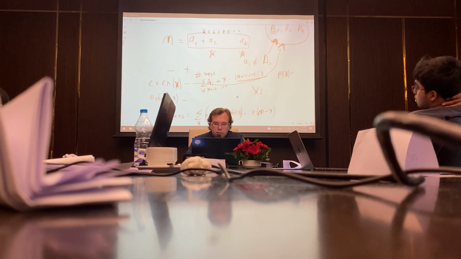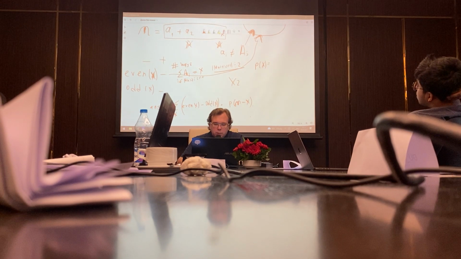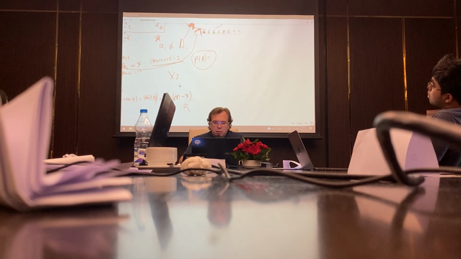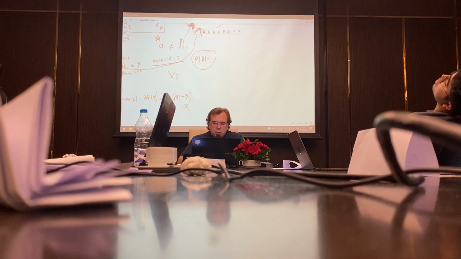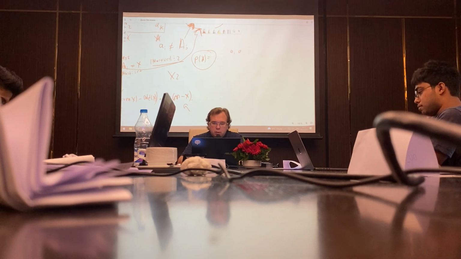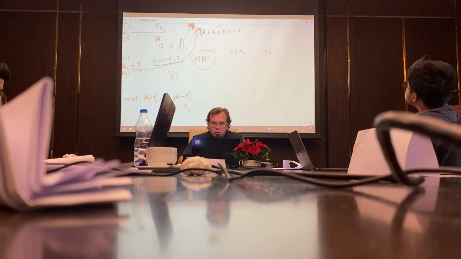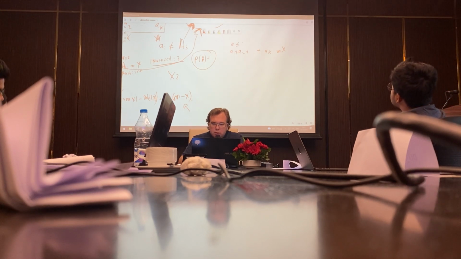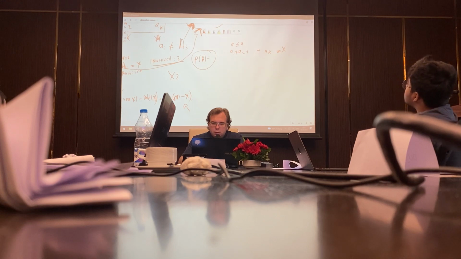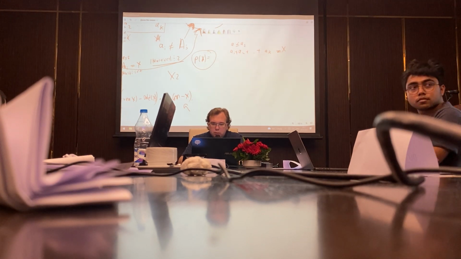And now the problem is only how to calculate this p. So p of x is the number of ways to construct the sequence a1, a2, and so on, such that the sum equals x. And there is also an important thing that they are in non-decreasing order.